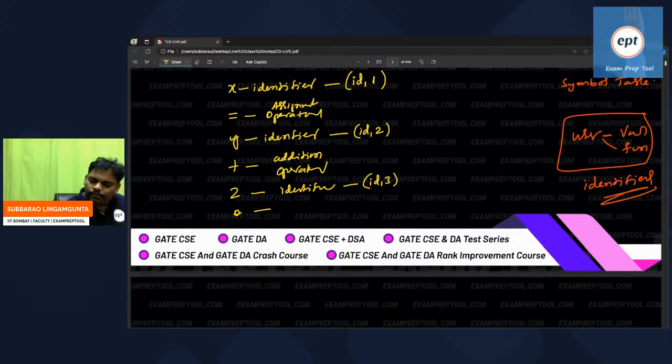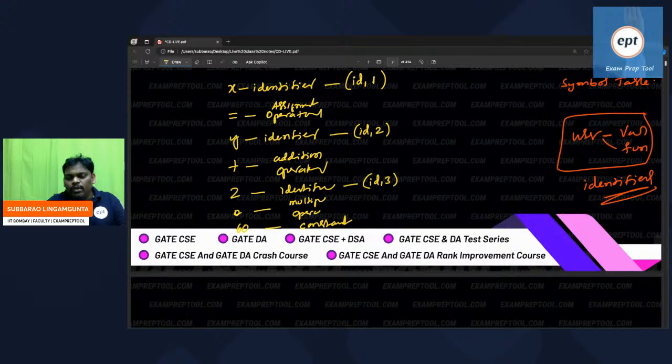Multiplication operator, so no token number. Next, after star, 60 came. So what is the answer? It is a constant. So you got to know 60. A number means a constant.